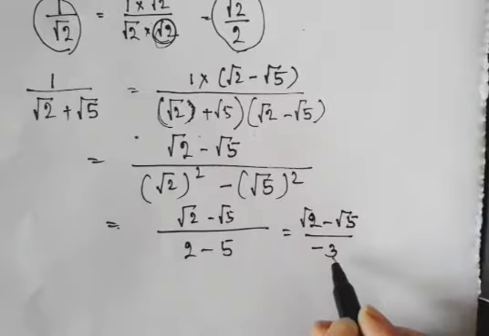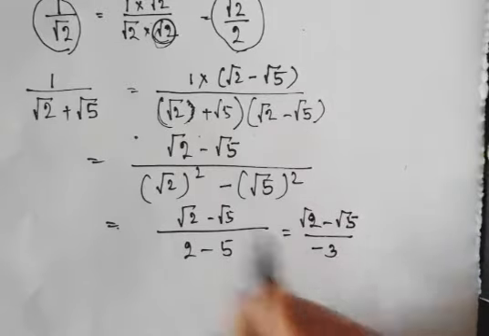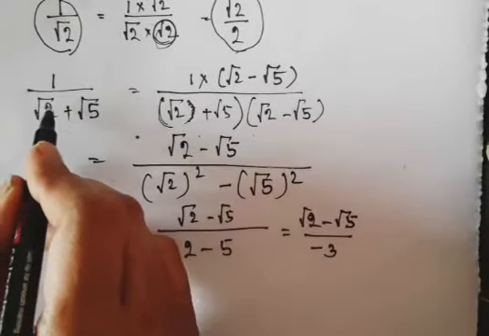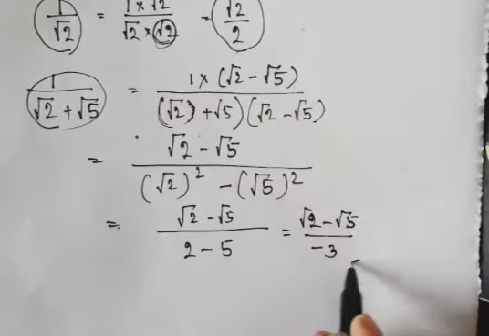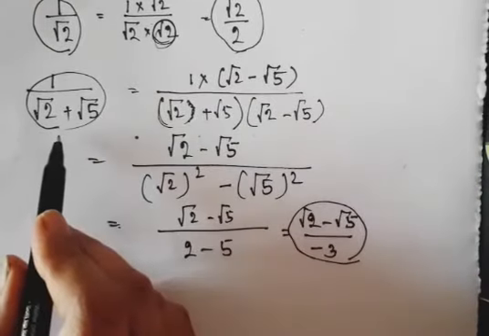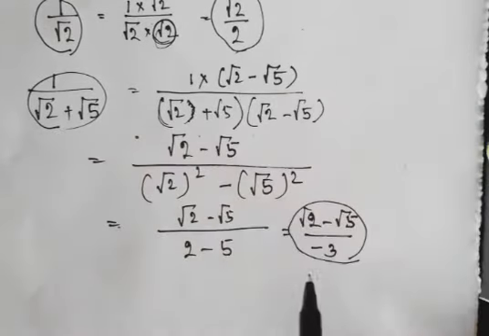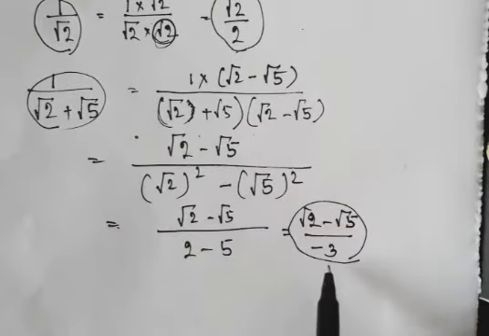You see this denominator and this denominator, these two terms are equivalent to each other, but here the denominator is in irrational form, and here it is in rational form. It is a rational number.